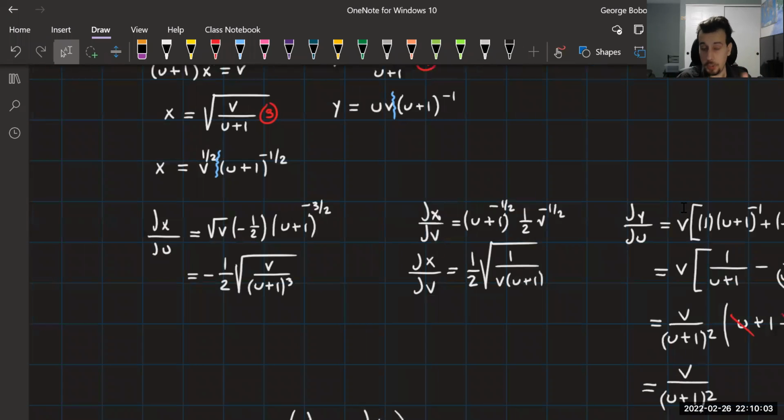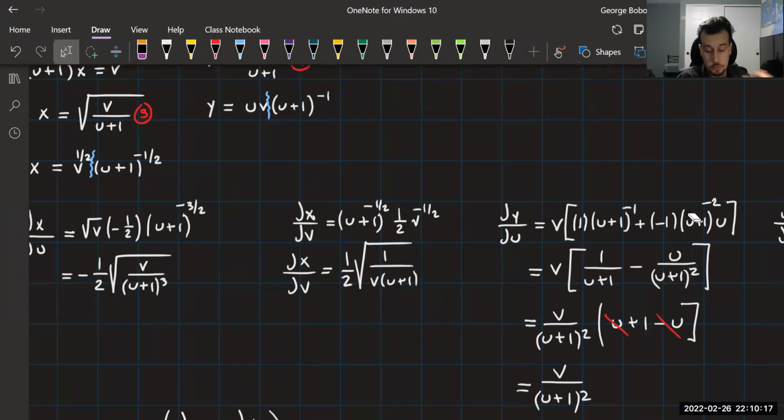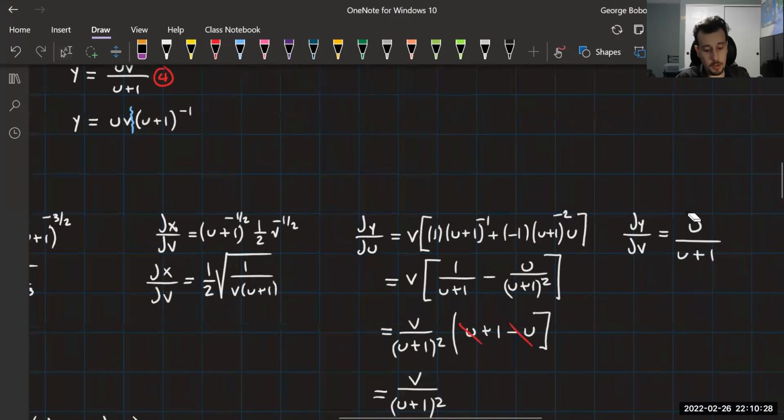And while you were taking them, I was advising you to be careful. If you're taking the partial with respect to u, v, for example, will act like a constant. That's why you don't see it change over here. It's the same if you take it with respect to v. You can see over here that this guy hasn't changed, right? He's acting like a constant to my partial.